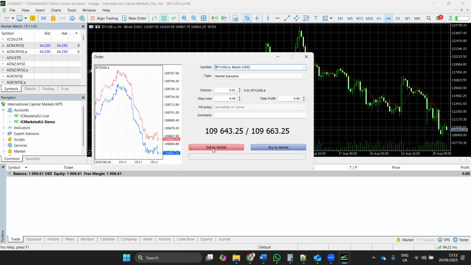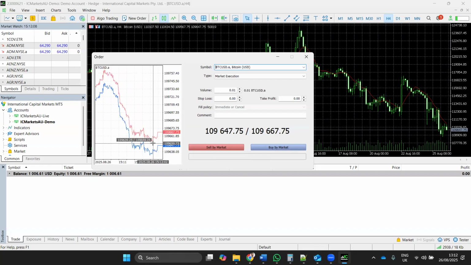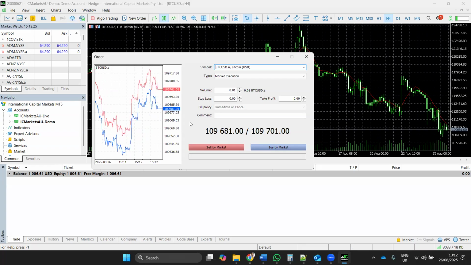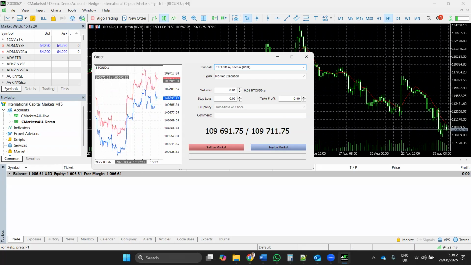And if I sell by market, it will get executed on this lower price. That means I will be in a disadvantaged position, losing money in between this bid and ask price. This is called spread. Whenever we go into a trade, we lose the difference between the bid and ask price, which is called spread, right? So that's a market execution.